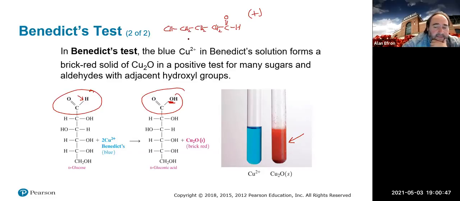And let's say you did the same test with a 4-carbon guy and it was negative. That means that you started with a ketone because it ended up being negative. So that's how you, again, can use these tests and sort of back figure it out. Did you start with a ketone or aldehyde? Those are usually two very common groups that are sort of looked at. Any questions on that there?